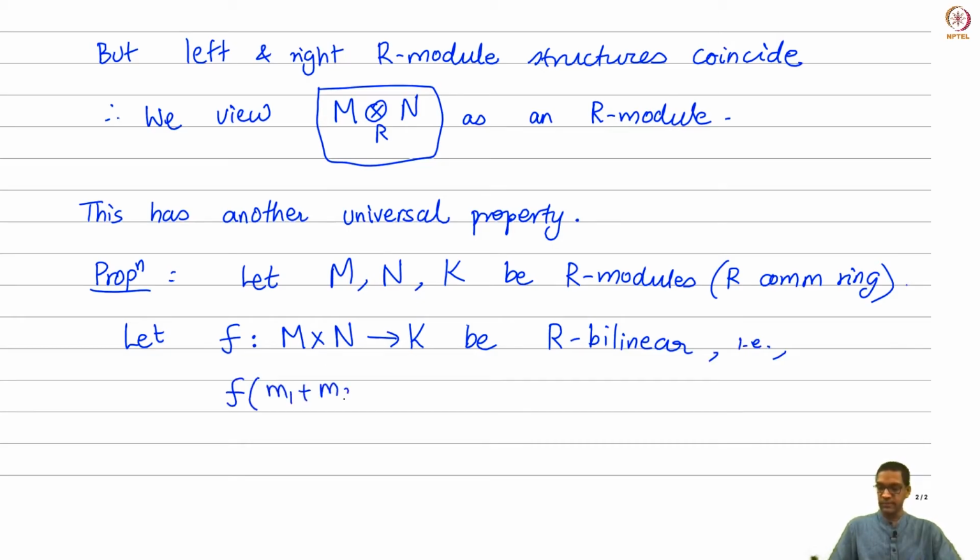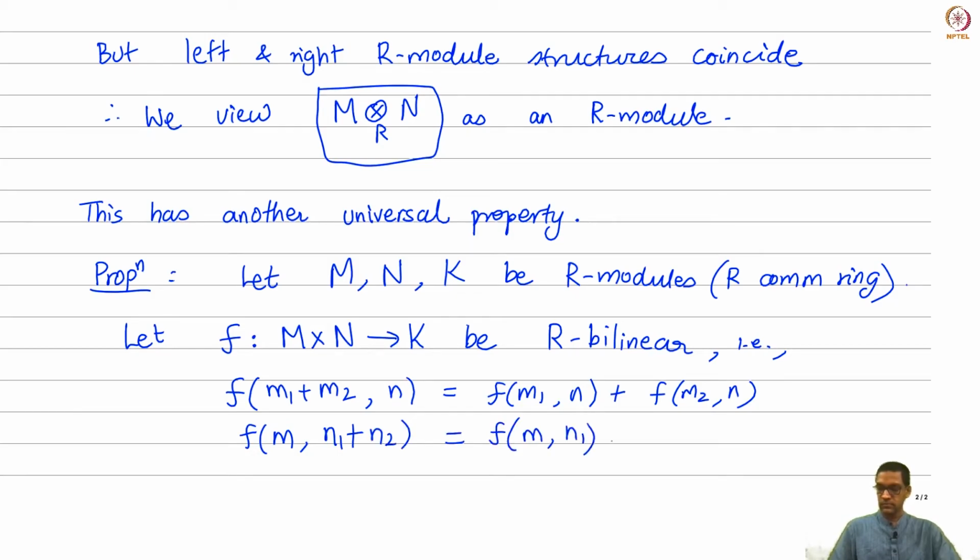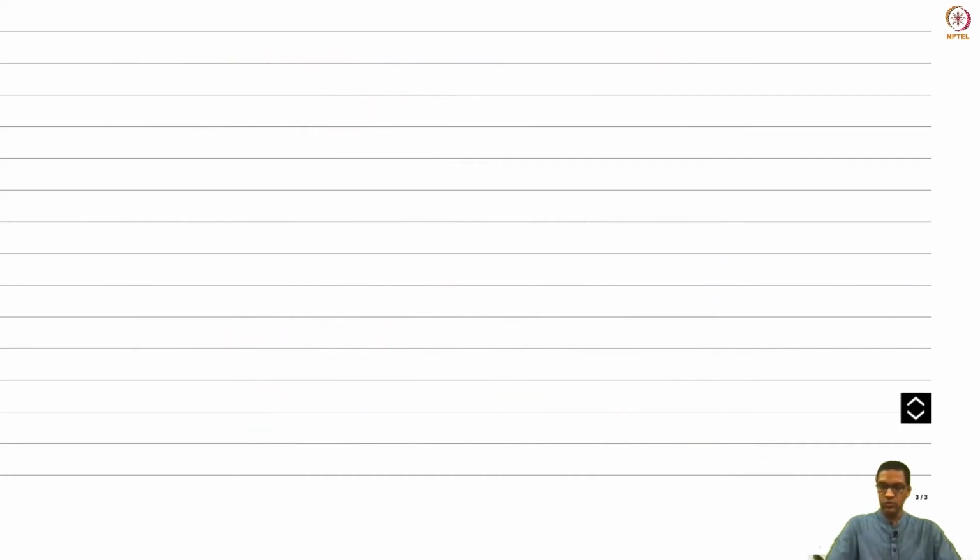So f of m1 plus m2 comma n is the sum, and the other way around, m comma n1 plus n2. This is true for all m's in M and n's in N, but in addition to these two, we also demand that if you put a scalar r, then you should be able to pull the r out.